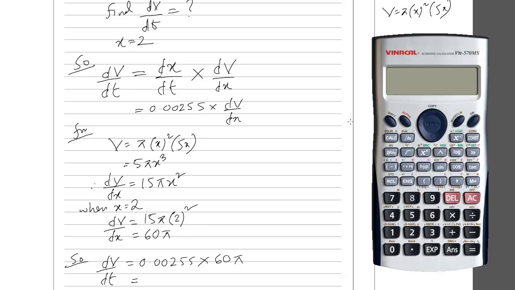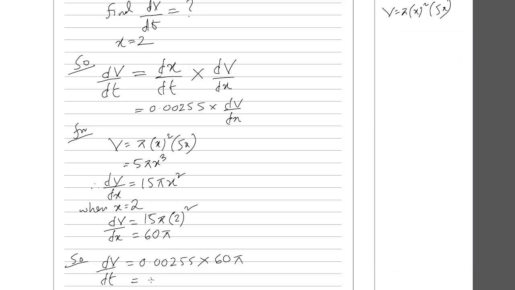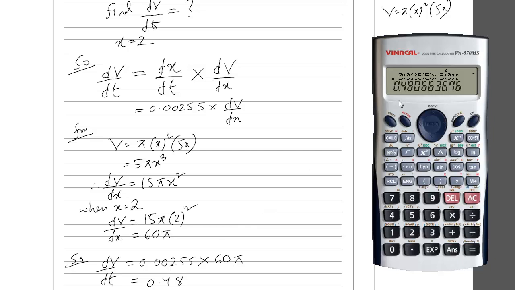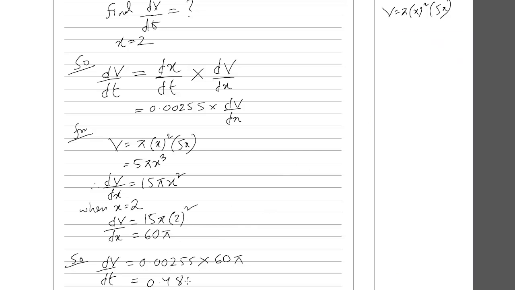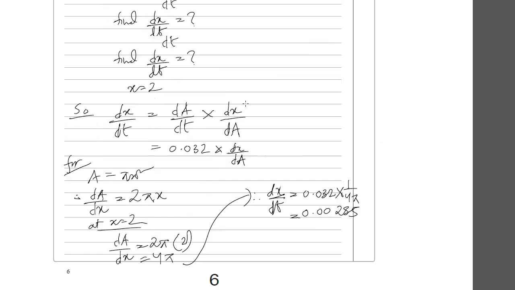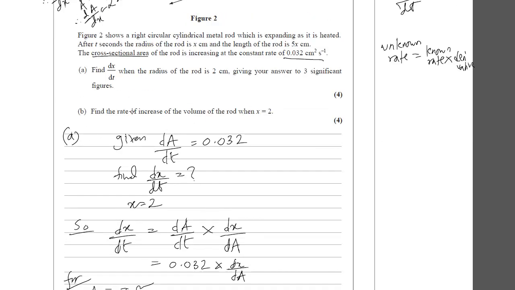So we can use the calculator. 0.00255 into 60 pi. So this is going to be 0.48066. So 0.481.